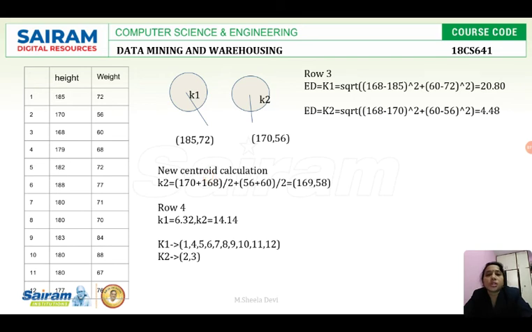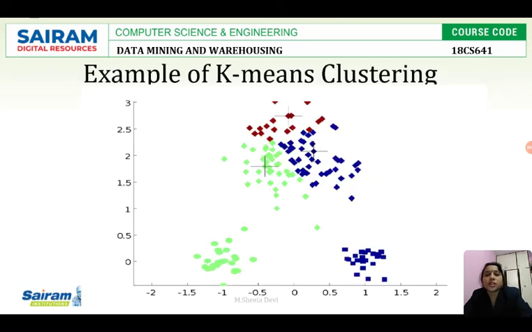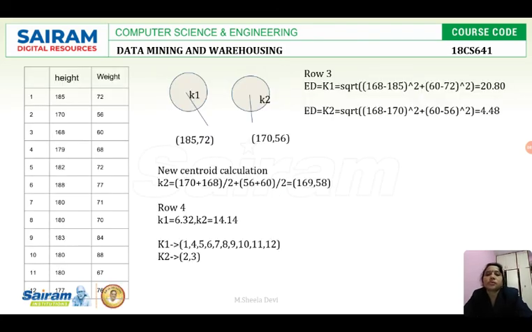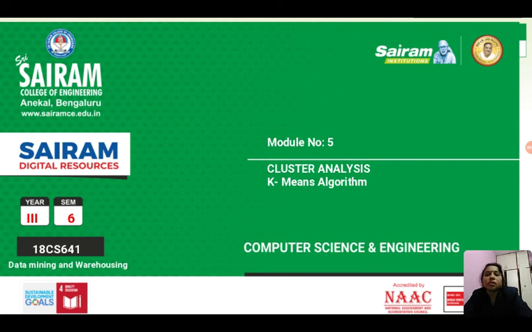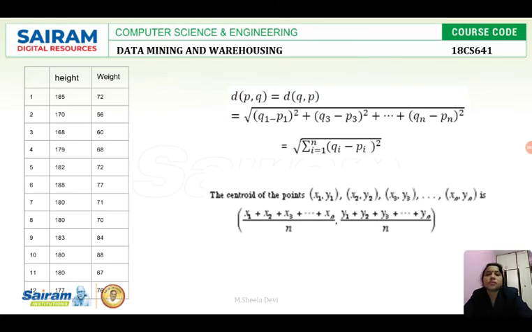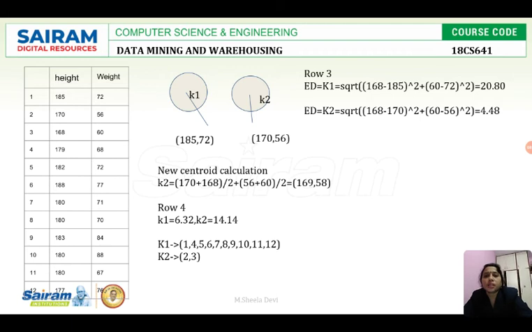What is the formula for the centroid? It is nothing but x1 plus x2 divided by n, comma, y1 plus y2 divided by n. So what is the x1 value? This is 170. What is the dimension of the third object, which we have included in cluster 2?